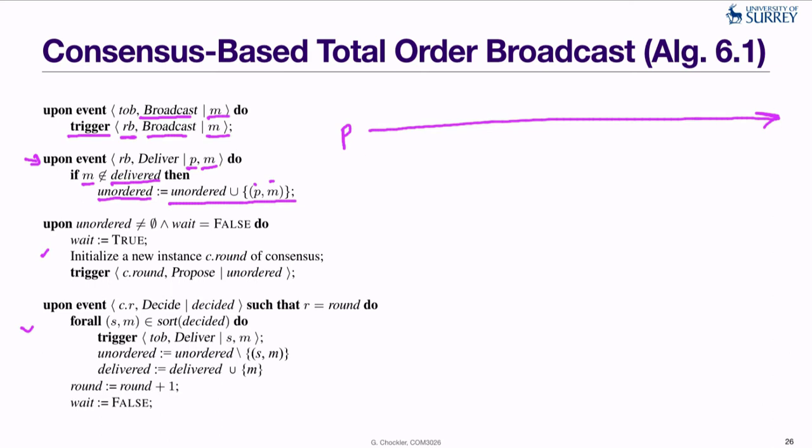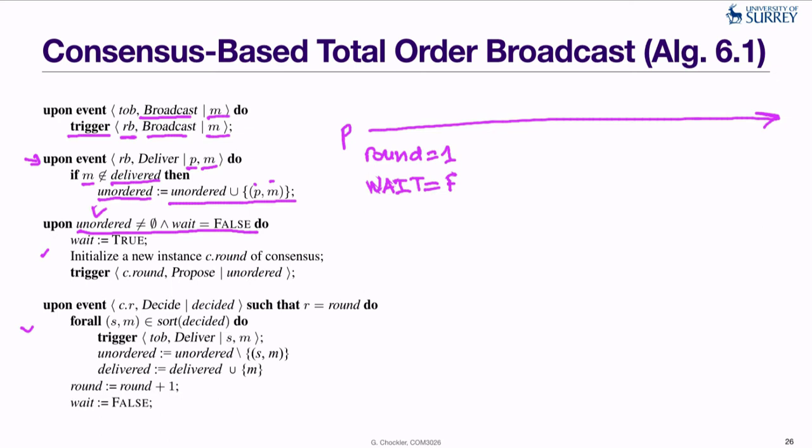So initially the round is 1 and wait is false. Okay, so if this is indeed the case, then this condition here becomes true once we have some messages in the unordered set.